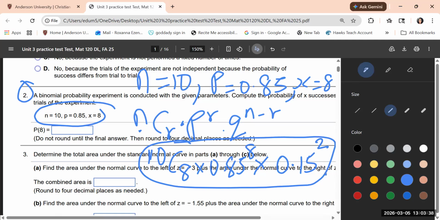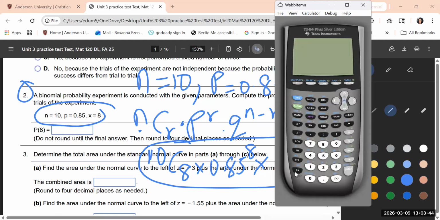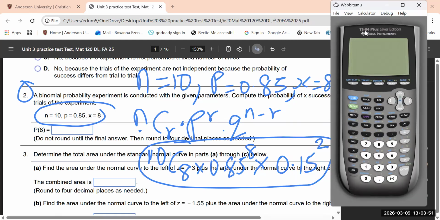So I'm going to use my calculator. I'm going to do the multiplication. So I can just do 10 combination 8.